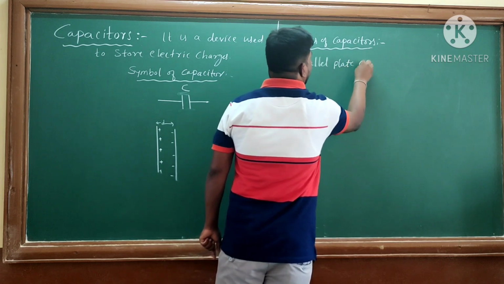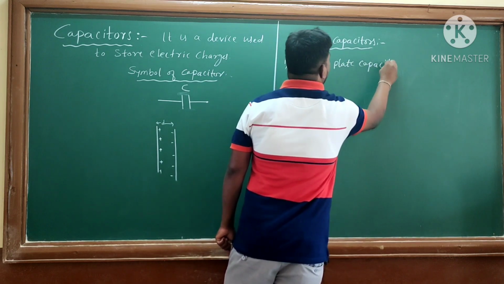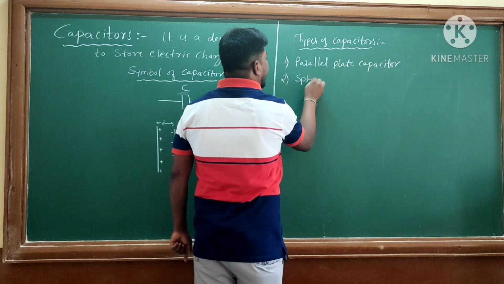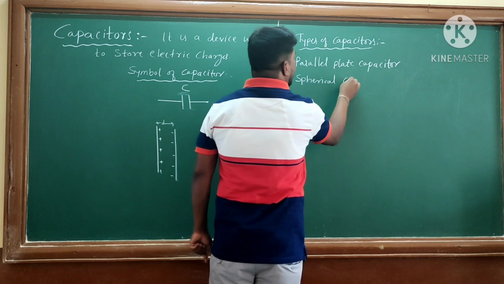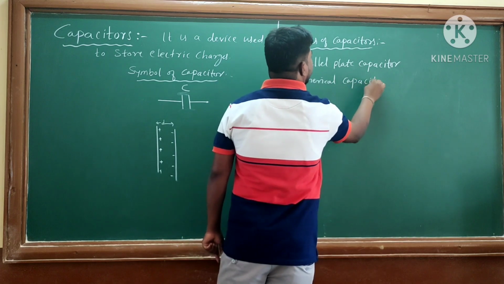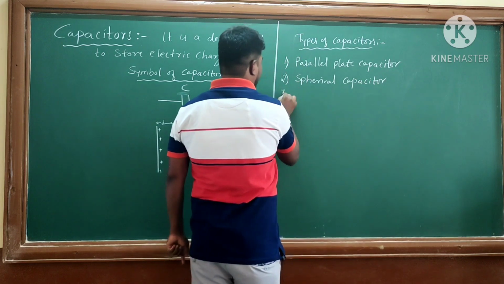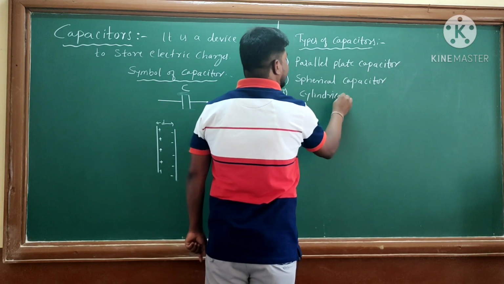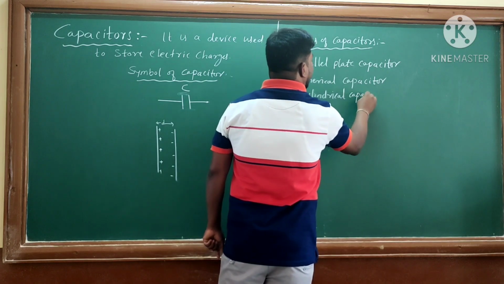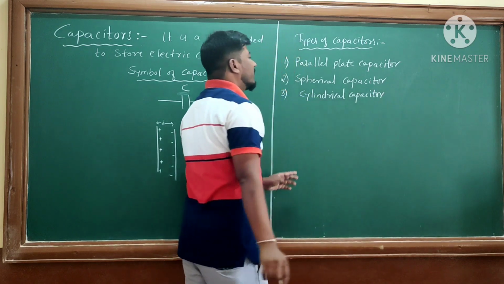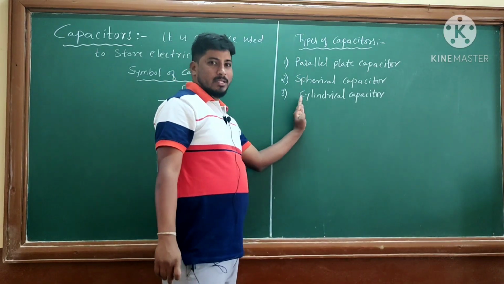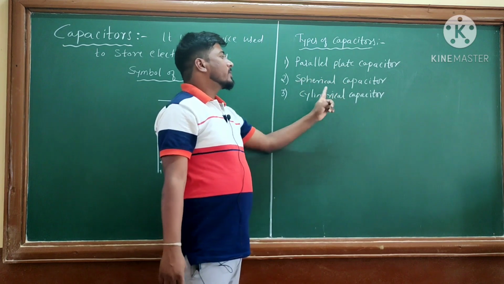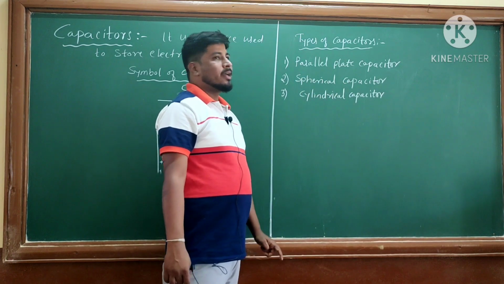Second, spherical capacitor. And the third one is cylindrical capacitor. So these are the three types of capacitors: parallel plate capacitor, spherical capacitor, and cylindrical capacitor.